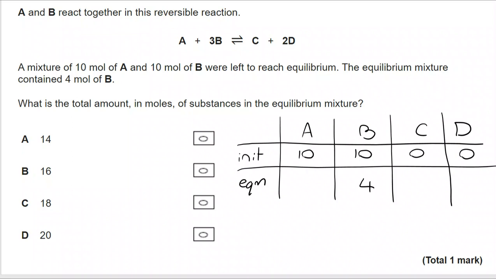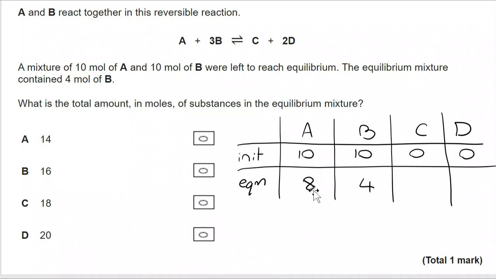Now here we start to use the mole ratios. 1 mole of A reacts with 3 moles of B. We've used 6 moles of B, which means we used 2 moles of A, take away those 2, and we're left with 8. I can now compare A to C, which is a 1-to-1 mole ratio.